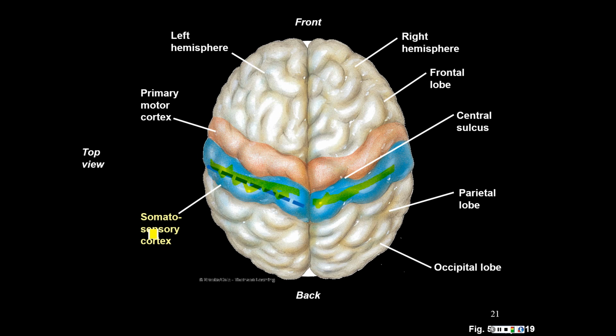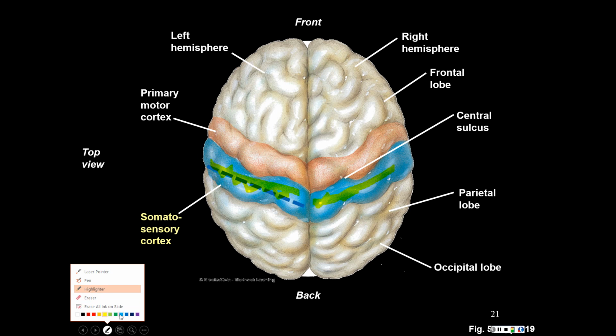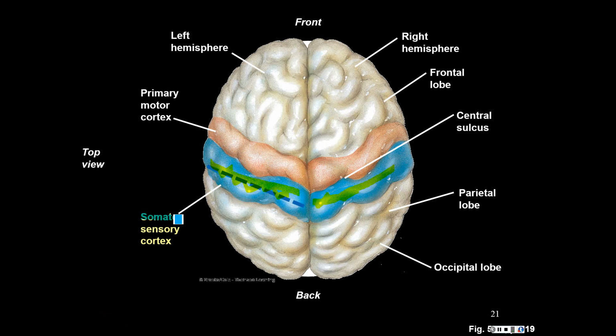In lab, your book called it the sensory cortex, but I'd like you to add the prefix somato. What does somato mean? Soma means body, so it's body sensations. It's the part of the brain that regulates physical body sensations.